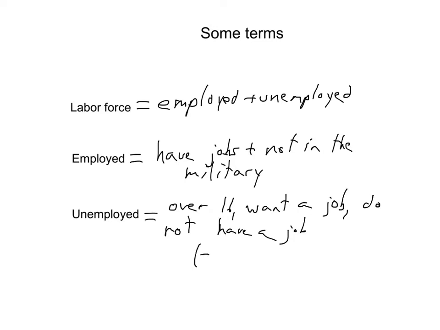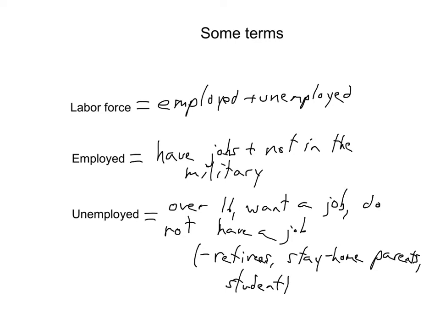By the way, this excludes retirees, stay-at-home parents, or spouses, or whoever. Many students, if the student is just a full-time student and doesn't want a job, these people are not going to count in unemployment statistics.